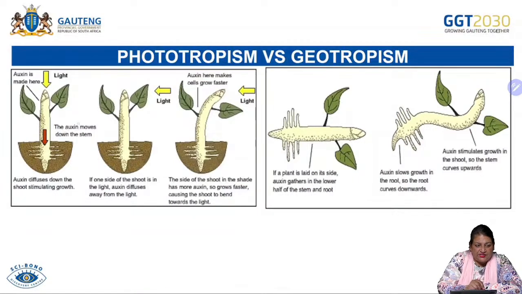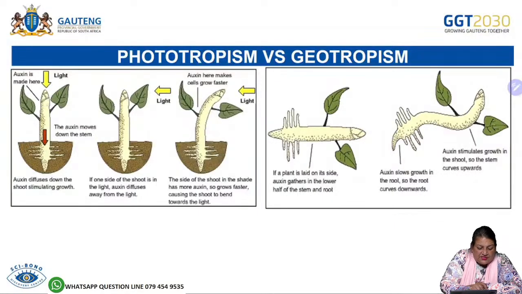And here you can actually see again that this is just another picture showing you that here's light, and this stem is growing upward because when light comes from all sides, the auxins will move from the tip down in the middle of the stem, and then there's going to be rapid cell elongation and cell division in the middle, and that stem is going to grow straight up because now light is coming from all sides.